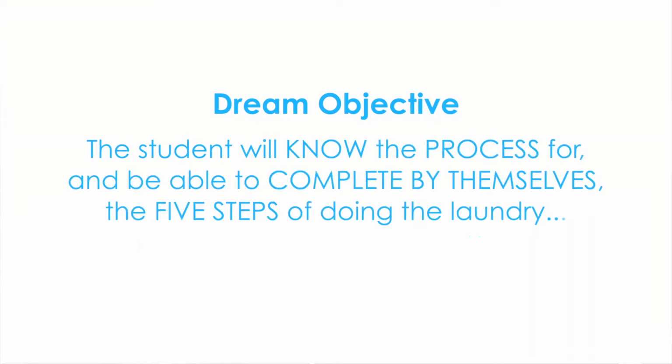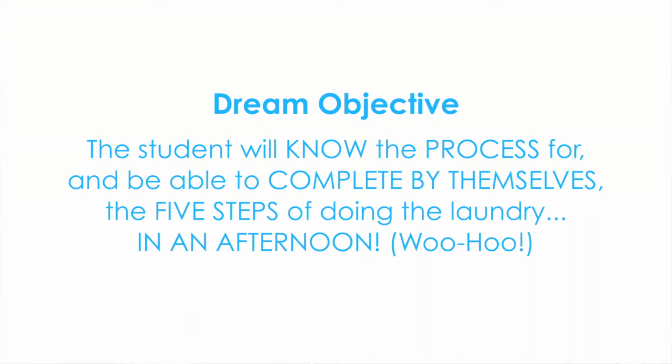And it doesn't have to be a school-like thing. It could also be the student will know the process for and be able to complete by themselves the 5 steps of doing the laundry in an afternoon. Okay, this is important. First of all, did you know there are 5 steps to laundry? Sort, wash, dry, fold, and put away.